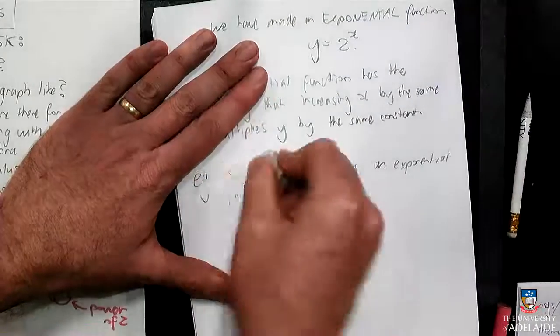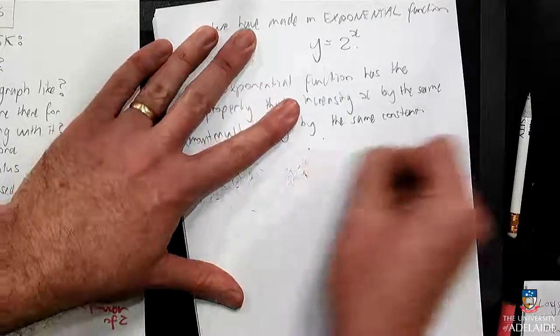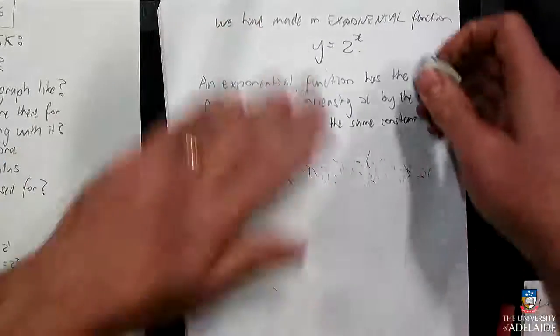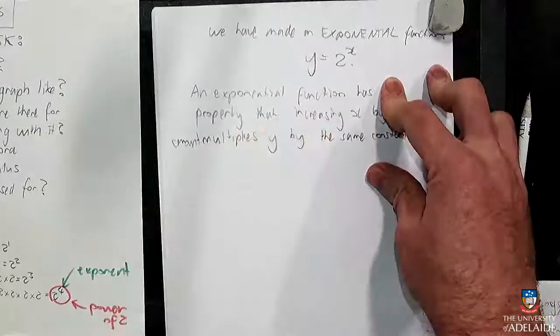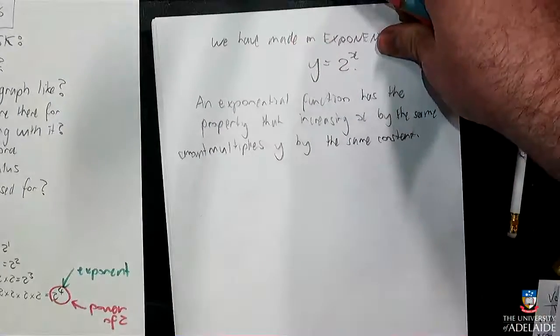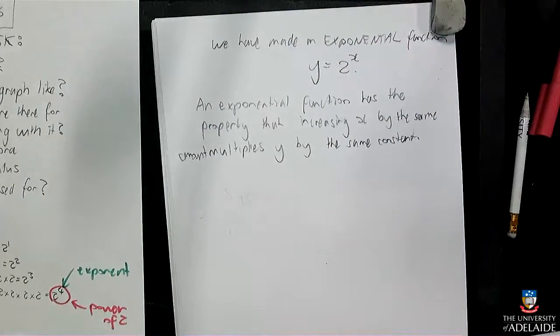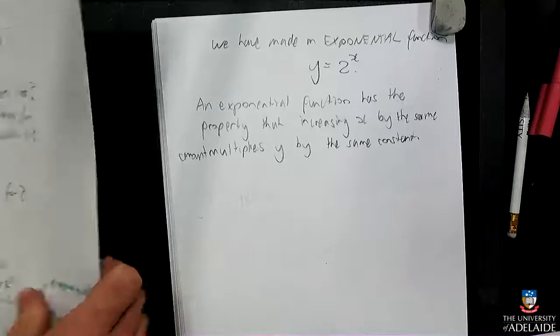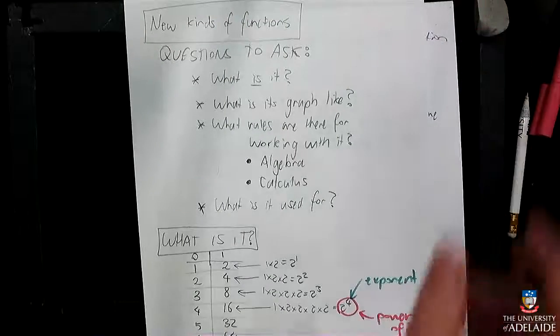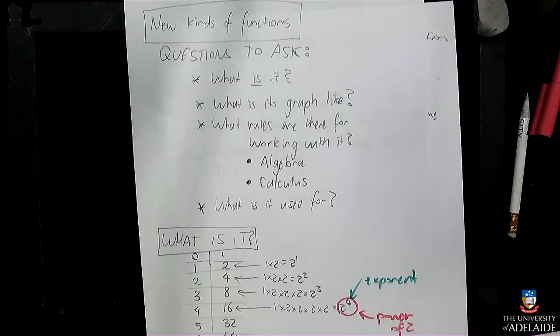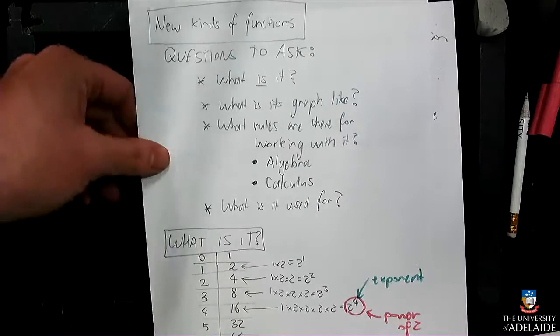I'll get to that later. So all of that reasoning that I just talked about can get us to a lot of different rules about how exponentials work. I'm just going to make one more point.